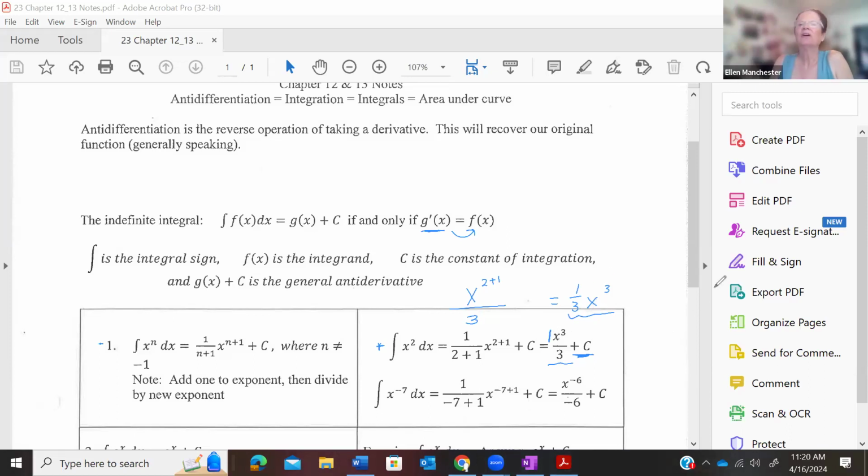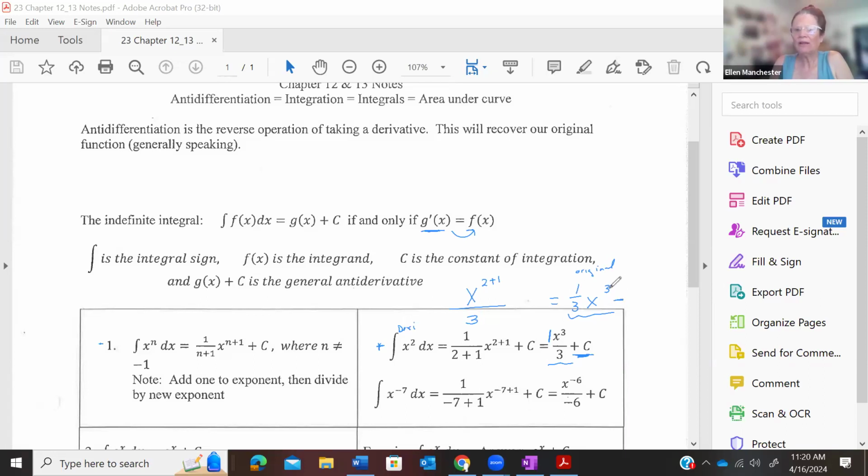Now, this is the beauty of this. Because we're going in the opposite direction, you already know how to take it back to a derivative, right? Because remember, this is a derivative. This is the original function. So if I wanted to know, did I do this right? I would find the derivative of this.